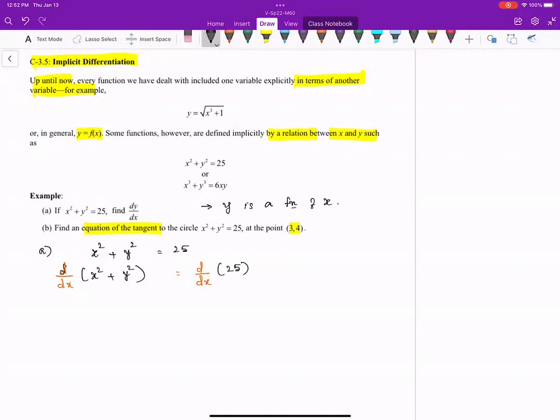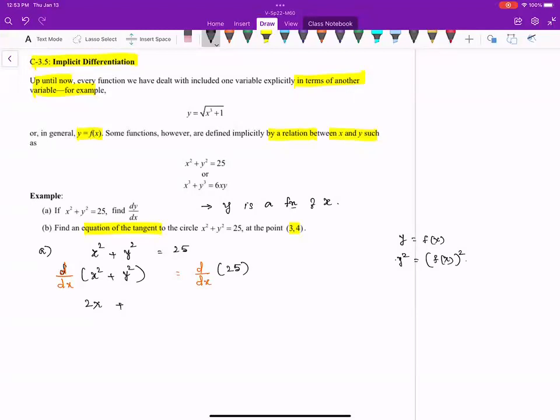So what is the derivative of x square? 2x. What is the derivative of y square, where y is a function of x? You have to keep in mind, y is a function of x. So y square actually means the function of x, the whole square. Now imagine f of x to be sin x, or f of x to be x square plus 1.